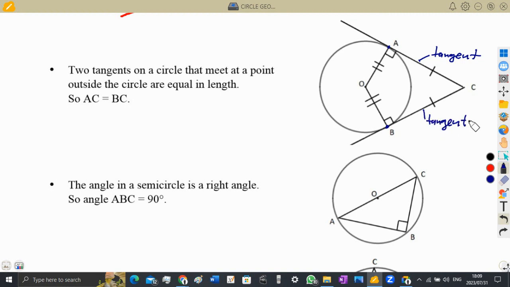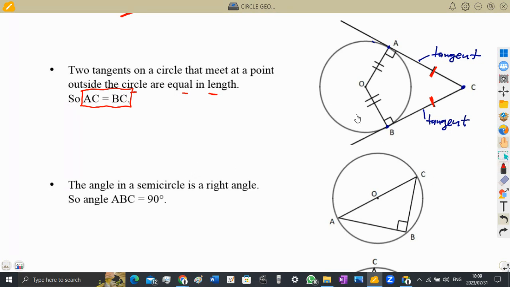So it follows that if these tangents are being drawn like this from the same point, which is C, to the circumference, they will be equal in length. These lines indicate that these two are equal. So we are simply saying two tangents on the circle that meet at a point outside the circle are equal in length. That is from A to C, B to C. So AC is equal to BC. All right, we are already given here AC is equal to BC.